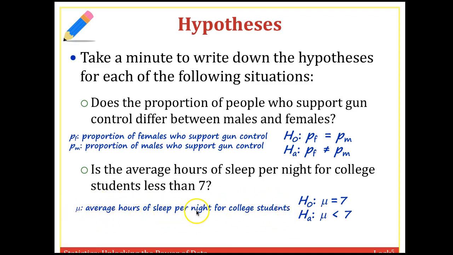The null hypothesis is that students do sleep 7 hours per night, and we got that 7 from the statement. But we want to know, do students sleep less than 7? So the alternative is that students sleep less than 7 hours per night. And again, if you were to do a study or a sample, the evidence should support the alternative hypothesis.